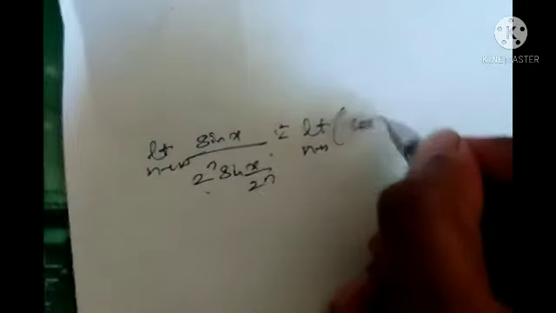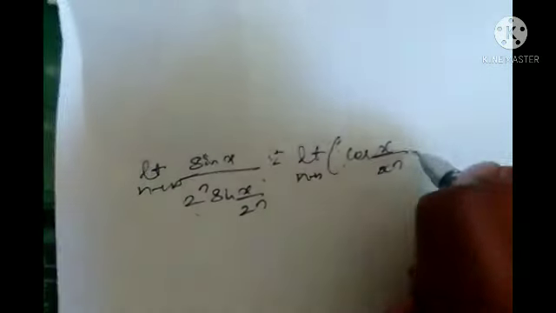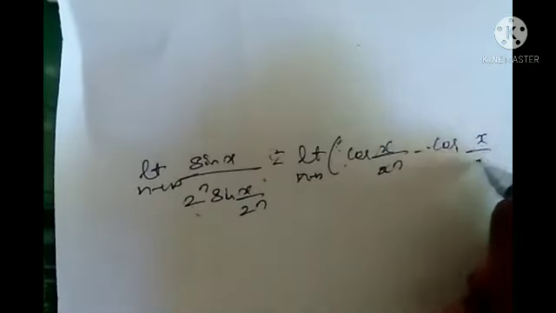I have written here, that is limit n tends to infinity sin x by 2 power n into sin of x by 2 power n. This is equal to limit n tends to infinity cos of x by 2 power n and so on, cos of x by 2 cube, cos of x by 2 square and cos of x by 2.